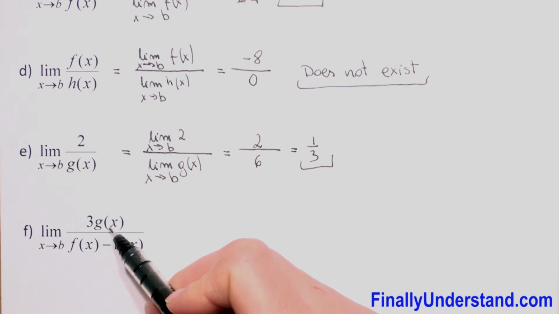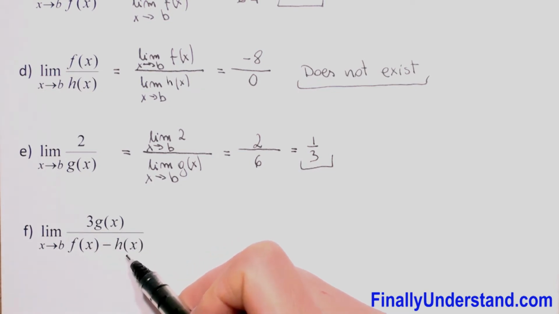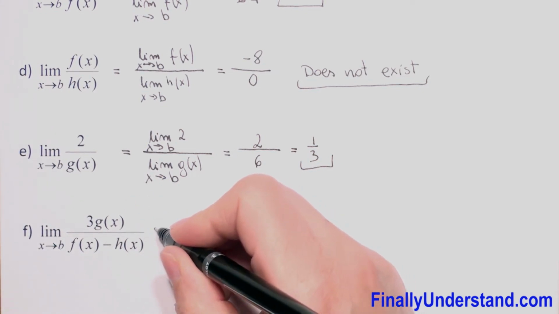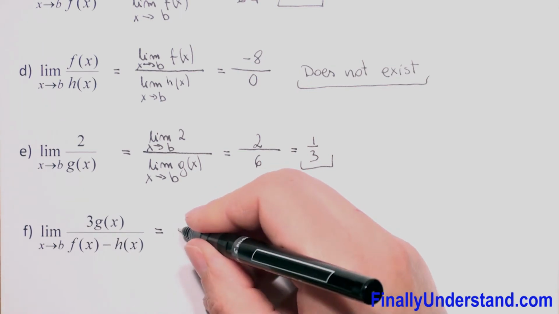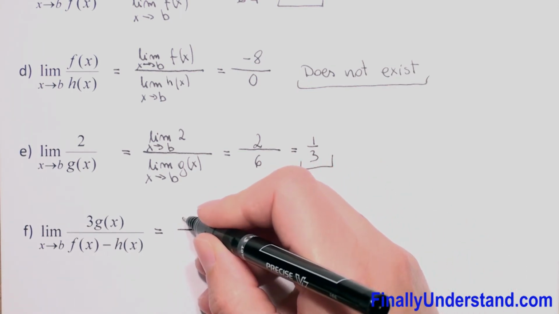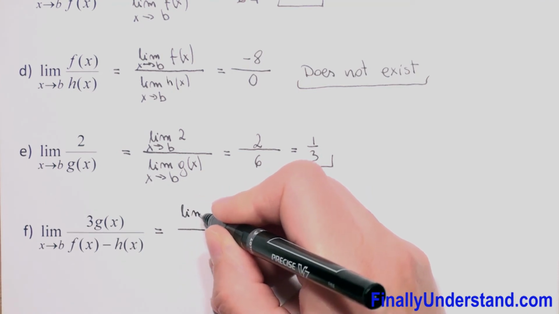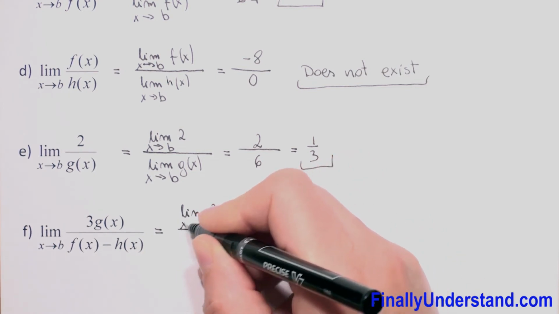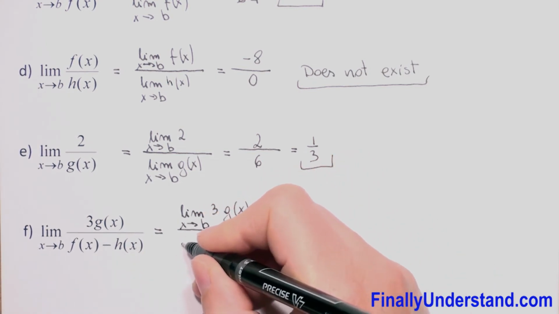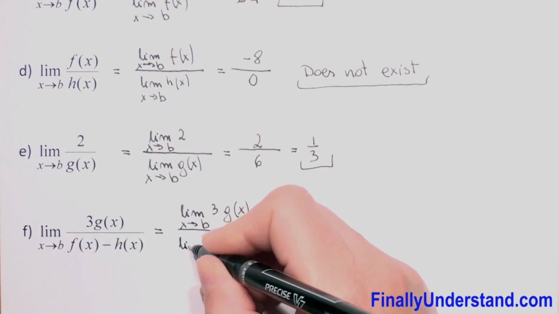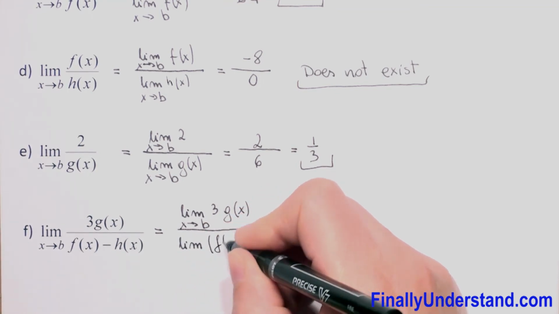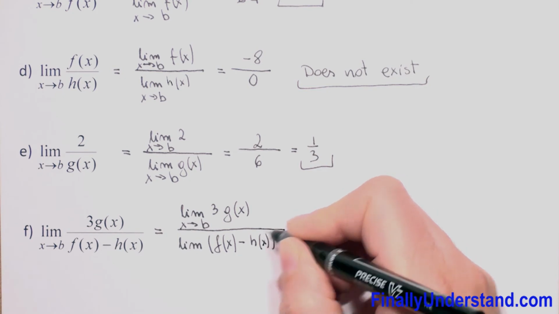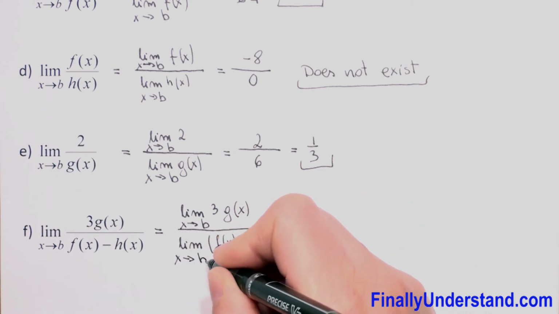And we are given the limit of 3 times g of x over f of x minus h of x as x approaches b. So from properties of limits we can rewrite this as, in the numerator, the limit of 3g of x as x approaches b, and in the denominator we will have the limit of f of x minus h of x as x approaches b.